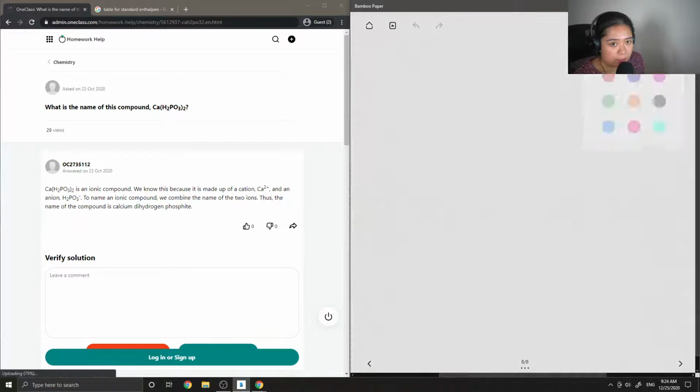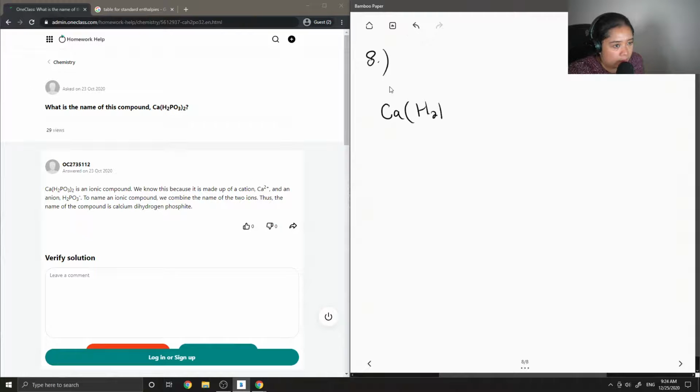Okay, so question number 8. What is the name of this compound? So we have a calcium, an H2PO3. Okay, so to name this compound, let's break it up into 2 separate ions.